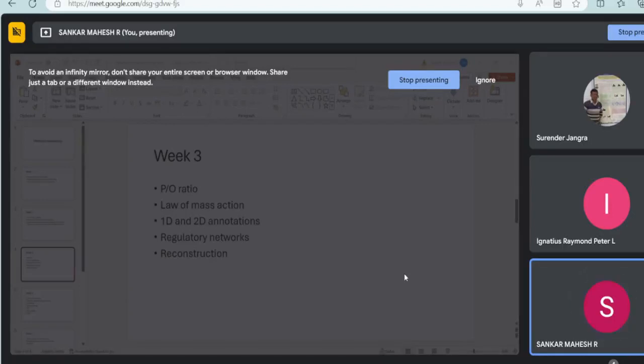So here the models that are built involve protein-protein interaction, protein-DNA interaction, and DNA-DNA interaction. Whereas in a metabolic network, the maximum that is being involved is the protein-protein interaction, if at all.